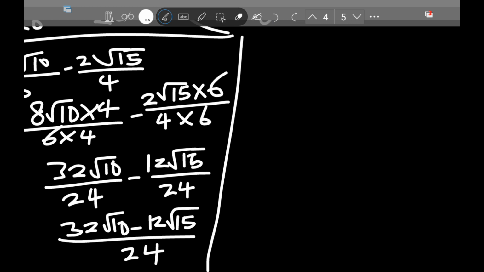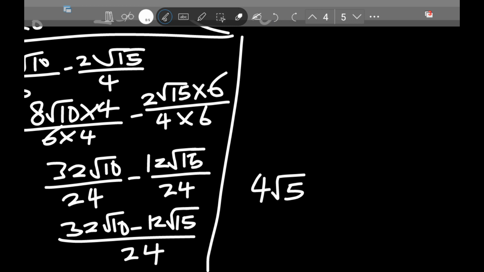And for 10 and 15, what number can divide both 10 and 15? Each by 5. Therefore, the factor we can write out of 32 root 10 and 12 root 15 that can divide the two expressions should be 4 root 5, because 4 is the highest common factor of 32 and 12.